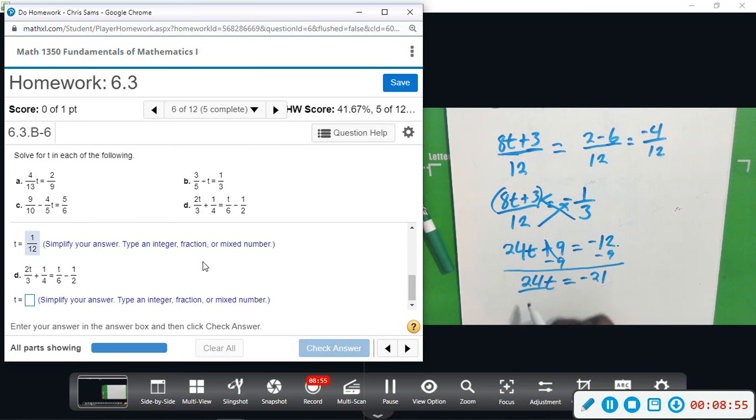And then divide by 24. And that will leave us with t equals, both these numbers are divisible by 3, and that will give us a negative 7 over 8. So t will be negative 7 over 8.